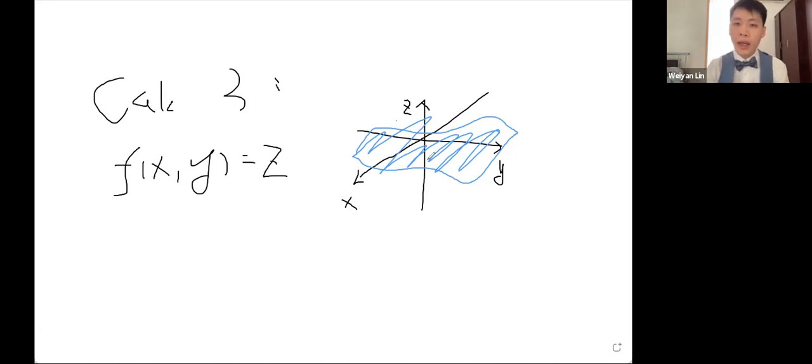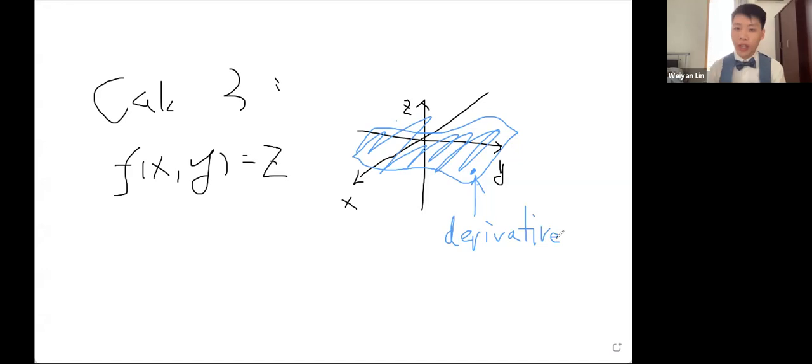All right. And on this surface, let's say we pick a particular point, all right? What does the derivative at this point mean, right?